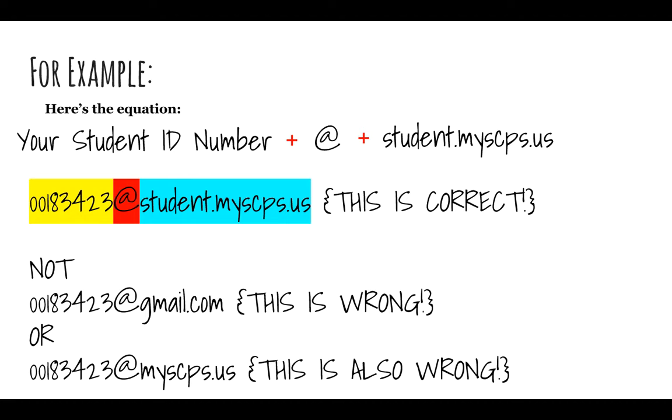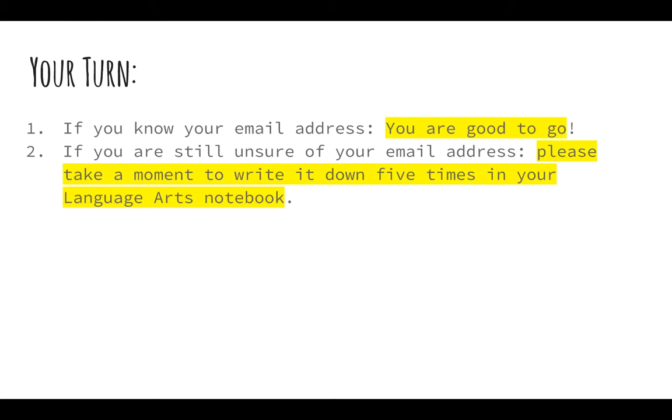So Gmail is not going to be the last bit of that. And then also, some people forget to put student before myscps.us, also a problem. So just remember to have all three of those components: your student ID number, the @, and then student.myscps.us.